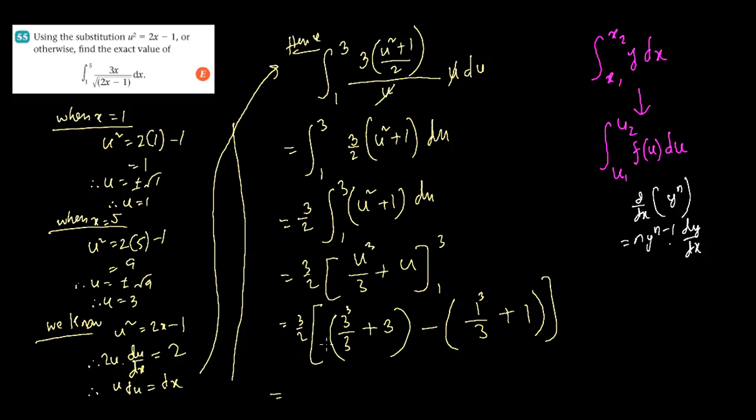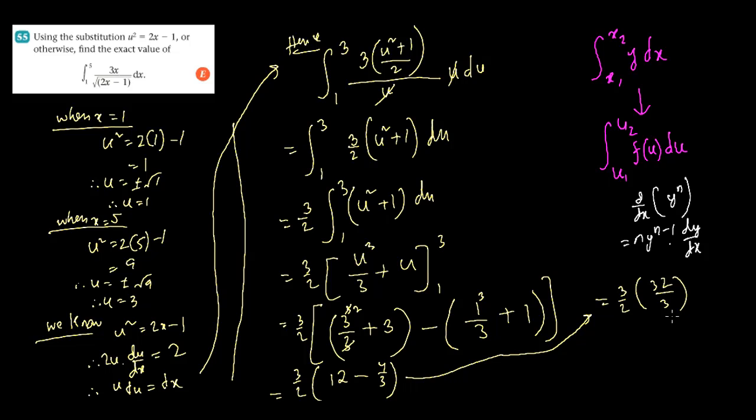So now by doing the calculation, 27 by 3 is 9, 9 plus 3 is 12, so this would be 3 by 2 into 12, minus 1 by 3 plus 1, so 3 ones are 3 plus 1 is 4 by 3. So 3 twelves are 36, 36 minus 4 is 32 by 3, so 3 by 2 into 32 by 3, this 3 and this 3 cancel, 2 into 16 is 32, so the integral is 16.